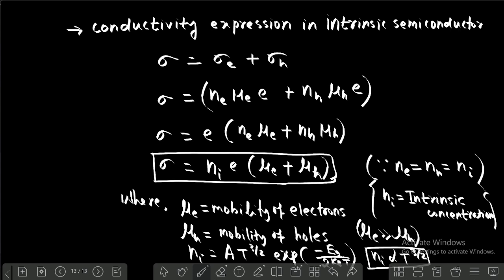Draw the energy band diagram for intrinsic semiconductor for T equal to 0 Kelvin and T greater than 0 Kelvin. Next page, listen.